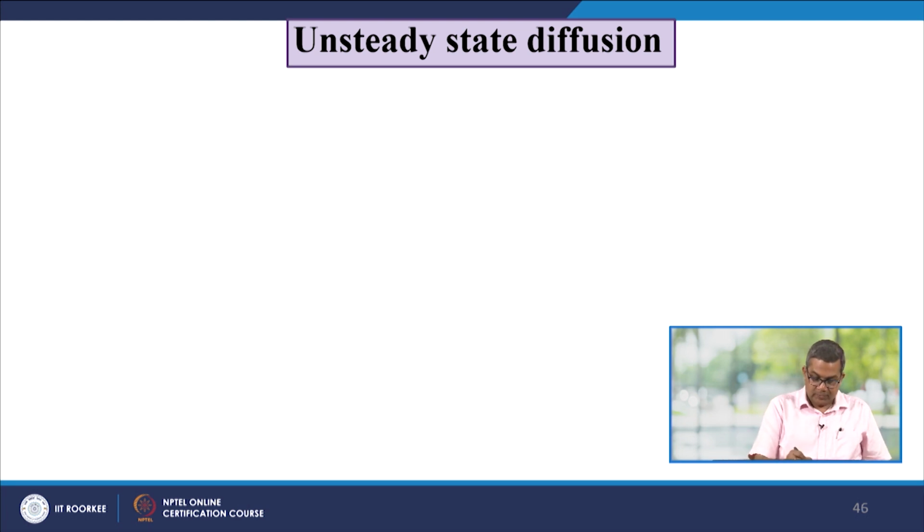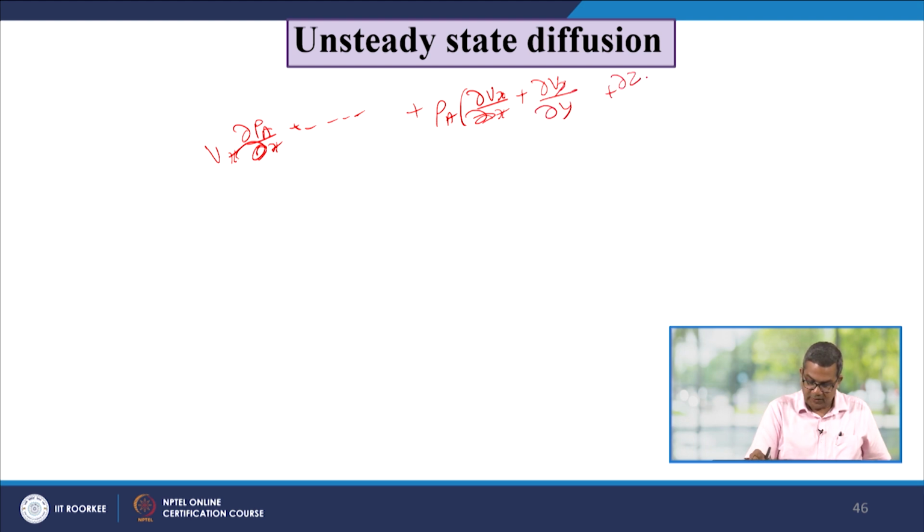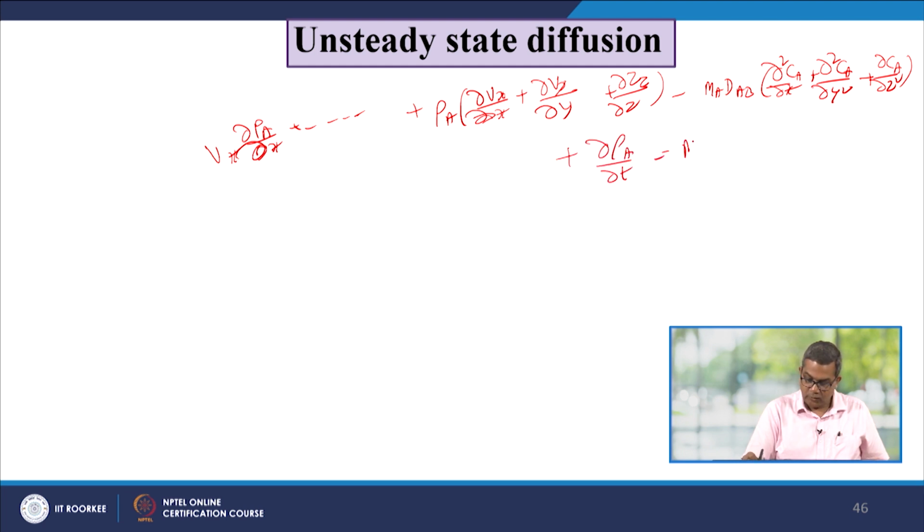Then equation 5 becomes Vx del rho A over del x and so on plus rho A times del Vx over del x plus del Vy over del y plus del Vz over del z, minus MA DAB times del 2CA over del x2 plus del 2CA over del y2 plus del 2CA over del z2, plus del rho A over del t is equal to MA RA.